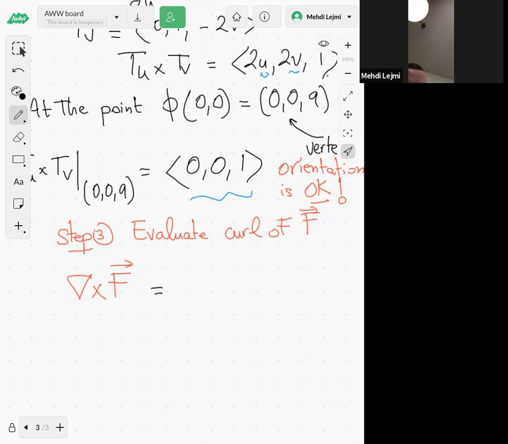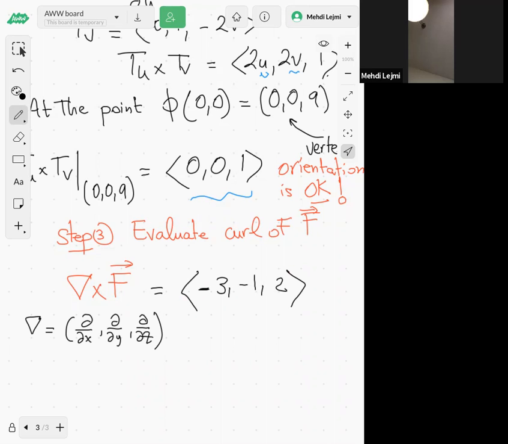So remind you, nabla is (partial x, partial y, partial z). And you know what the vector field F is, right? And you do the cross product. And actually we computed this last week and we got (-3, -1, 2).